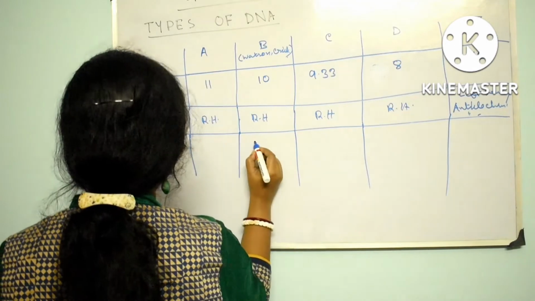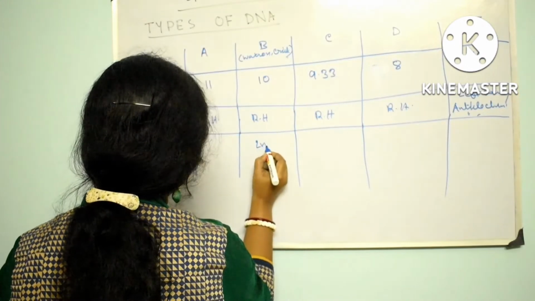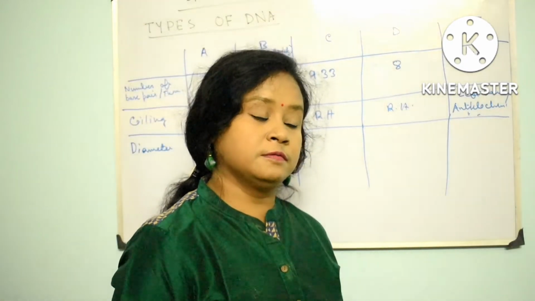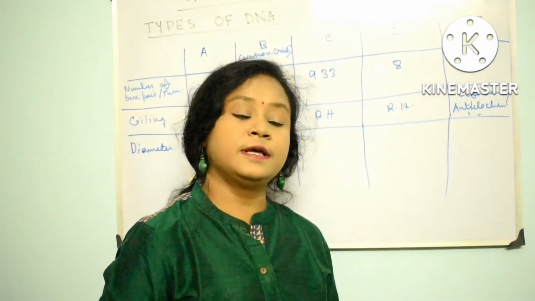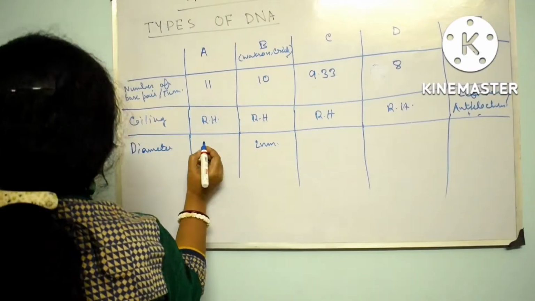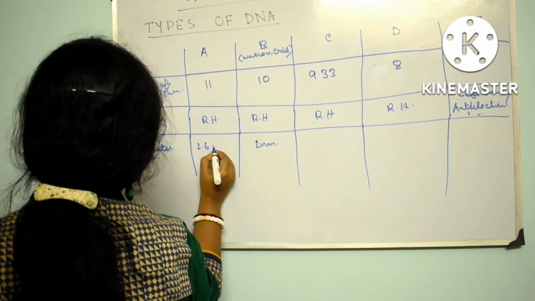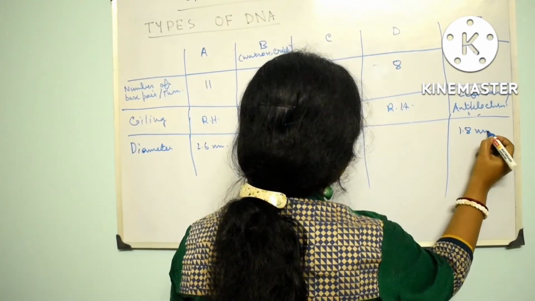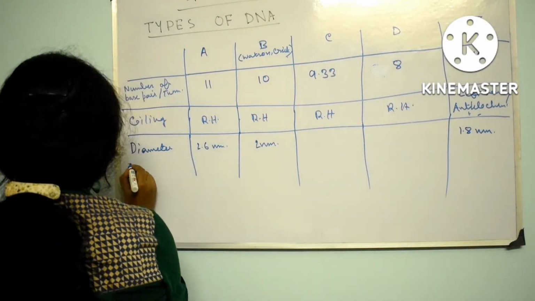Diameter of B DNA is 2 nanometer. Diameter was also discussed in my previous lecture. Please consult what the diameter of DNA is. 2.6 for A DNA. Of Z DNA, it is 1.8 nanometer. Pitch length.